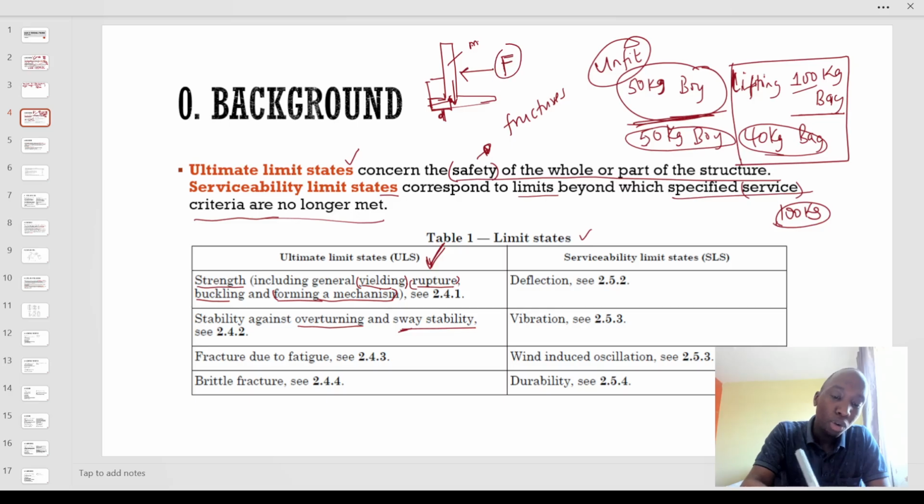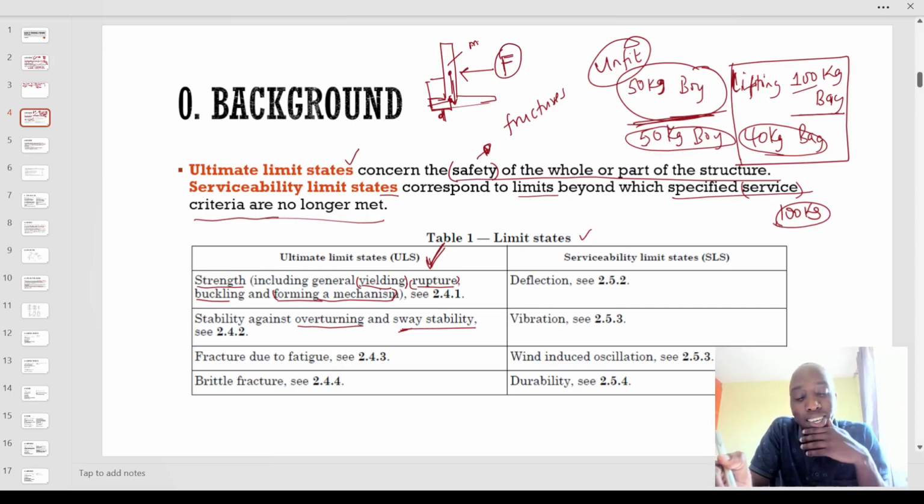But if this force is more than what this retaining wall can offer, then there's nothing we can do. It is unfit for use. That's another thing we consider. Is it stable against overturning? That's the other thing, overturning and sway stability, fracture due to fatigue.